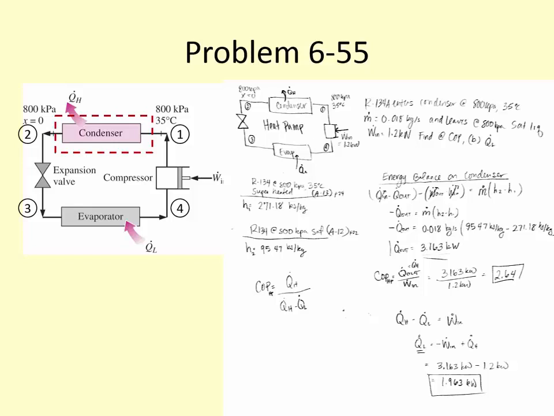So Q dot L is equal to Q dot H minus work net in. So Q dot L is equal to 3.163 minus 1.2 kilowatts. So Q dot L is 1.963 kilowatts.